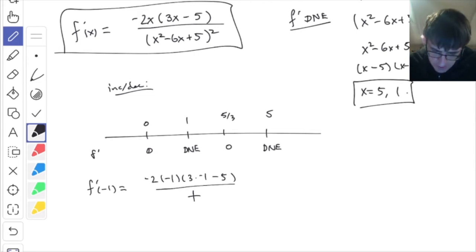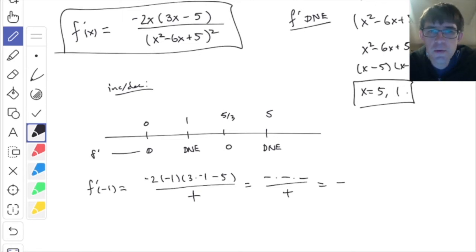So what is this then? Of these three factors on the top, one is negative, and then times a negative, and then I got 3 times -1 minus 5, that's -3 minus 5, which is negative. All of that divided by positive, that gives me negative overall. So in the first interval, the leftmost interval, it is decreasing. All right, next, in between 0 and 1, I guess I have to use 0.5.